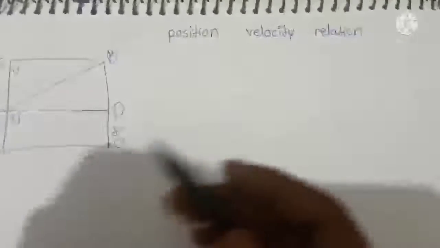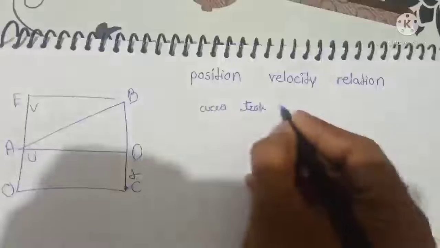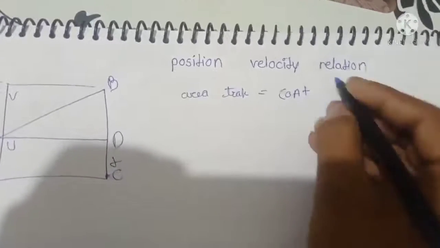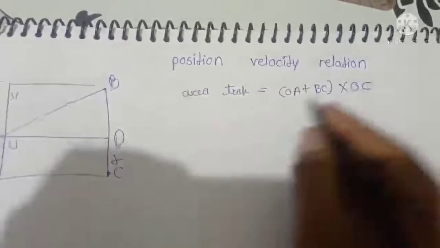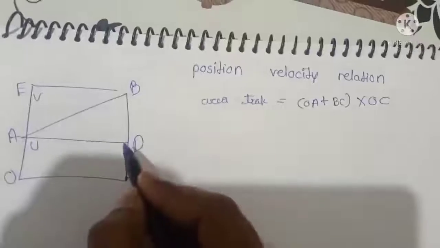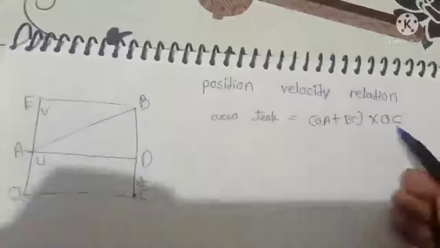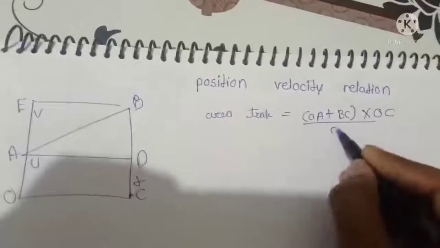As we know, to find position we have to find the area. So the area of a trapezium is equal to the sum of parallel sides into height, that is sum of parallel sides OA and BC into height OC, upon 2.